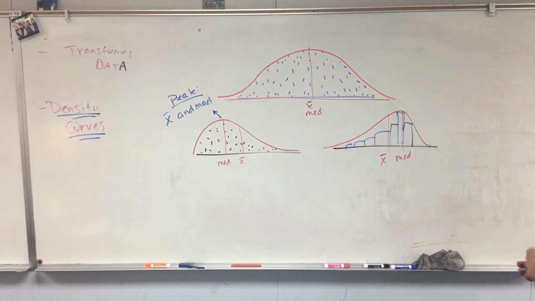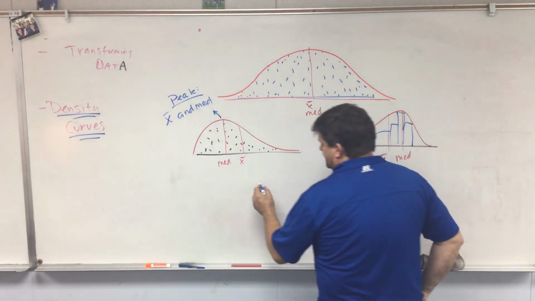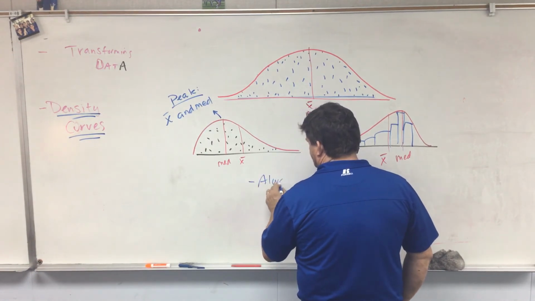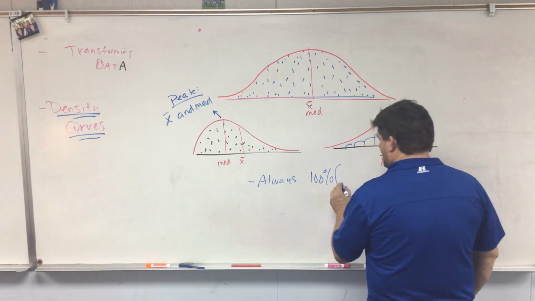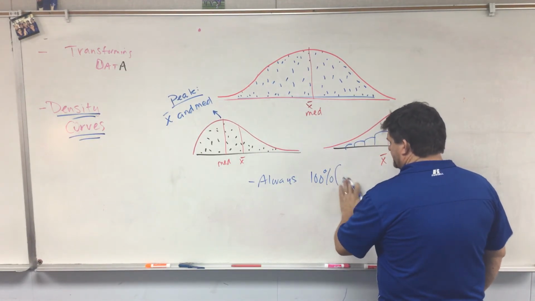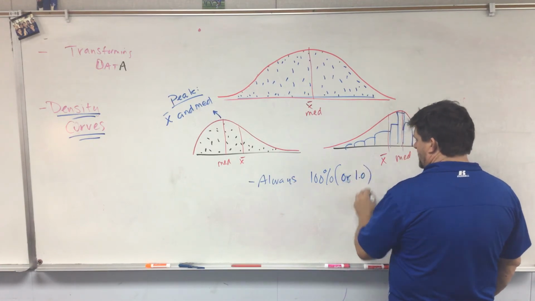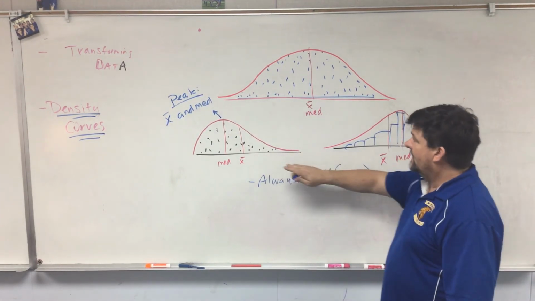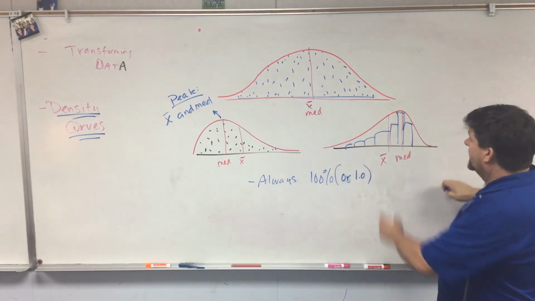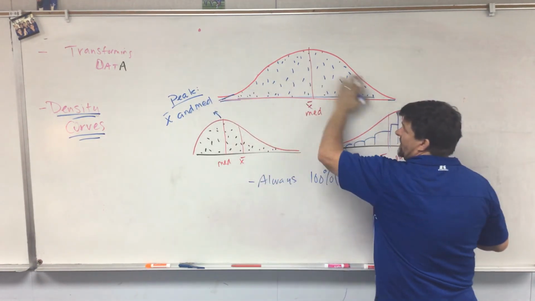We also use them because they have a few special properties. Number one, there's always 100%, or 1.0, underneath the density curve, always. So this has 100% of the data, this has 100% of the data, and everything underneath the curve is considered 100% of the data.